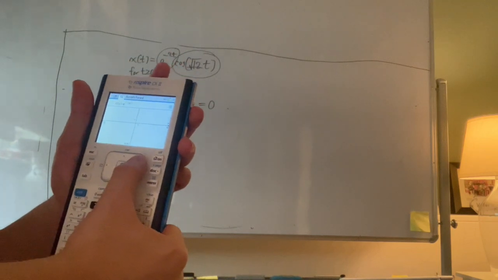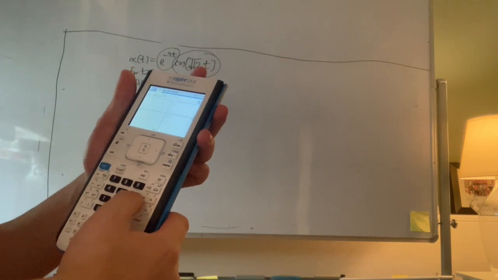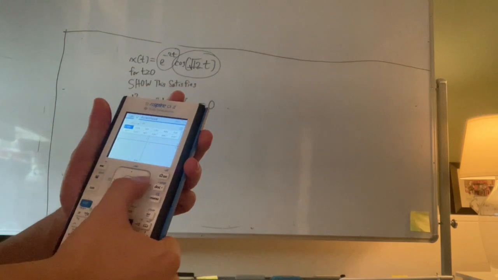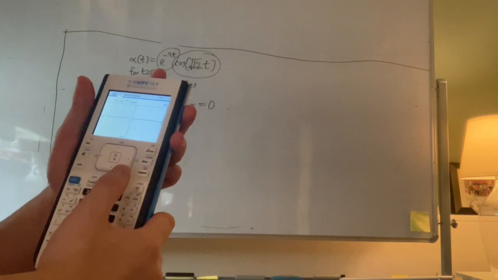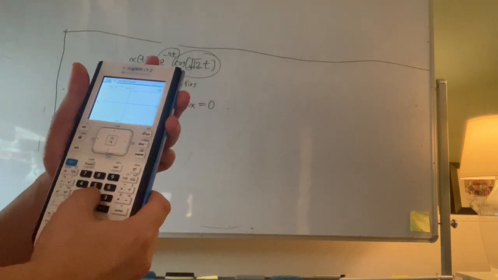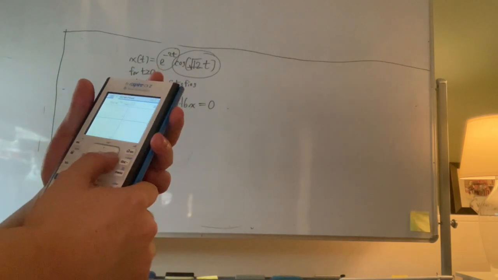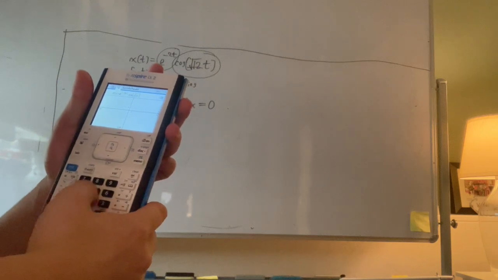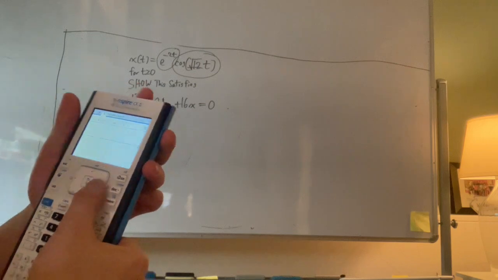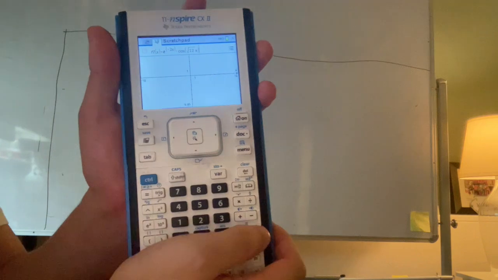X is here. Times cosine of square root of 12 x. Make sure the square root does not contain the x. It has to be separate from it. Otherwise, you're making your life much harder than it needs to be. All right, like this. Then click enter.